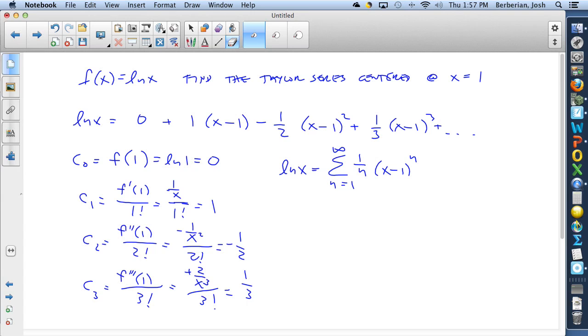So I add negative 1 to the n plus 1 in the final sum. If it's negative 1 to the n, my first term would be negative, but it's not. So I can do either n plus 1 or n minus 1. I'll do n plus 1. Okay, great. That's an ugly equation.